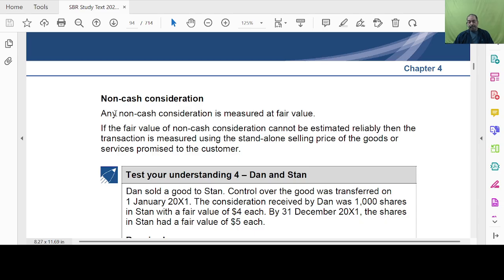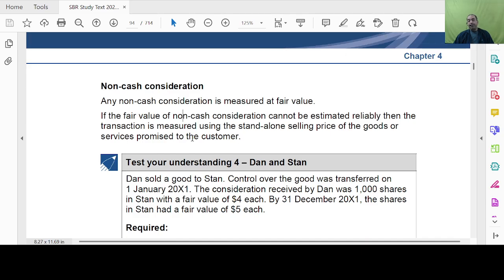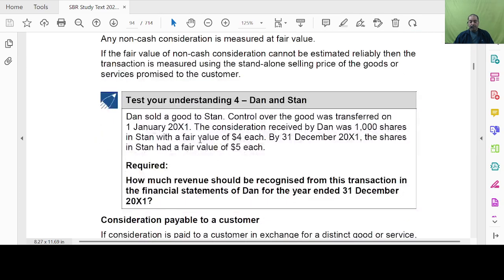Non-cash consideration. Any non-cash consideration is measured at fair value, market value. If the fair value of the non-cash consideration cannot be estimated reliably, then the transaction is measured using the standalone selling price of the goods or services promised to the customer. So if you are giving something not in the form of cash, then that non-cash consideration comes into play.